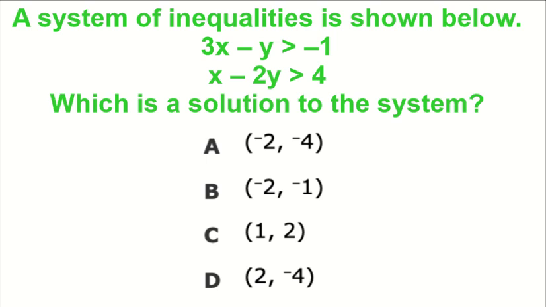What about this? How do we find out which one of those ordered pairs is the solution? You would have two main options. There's always more than a couple ways to solve a problem, but there are two main options.